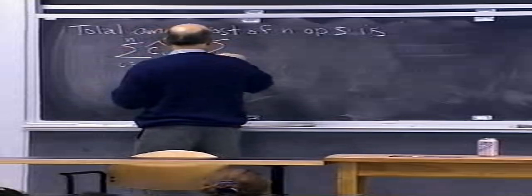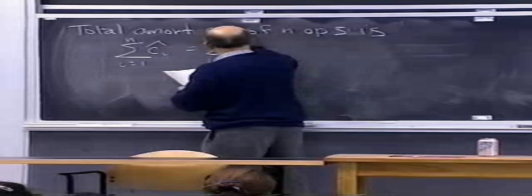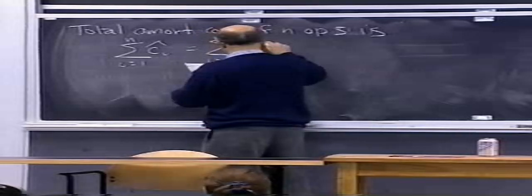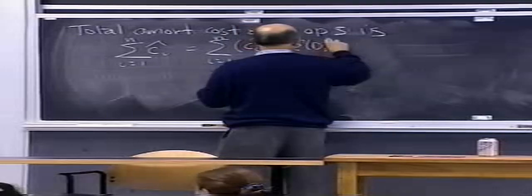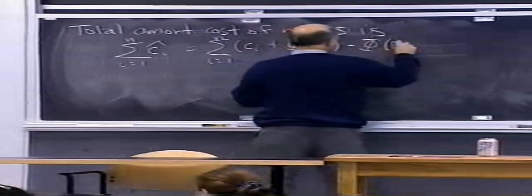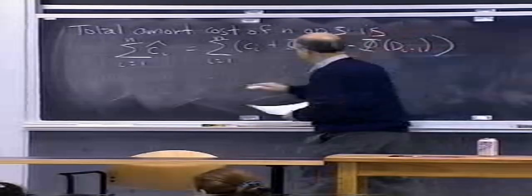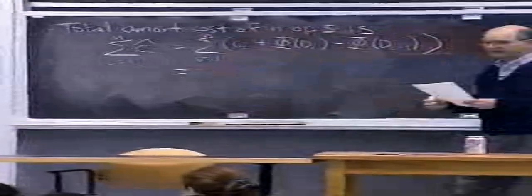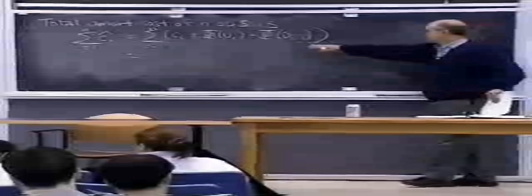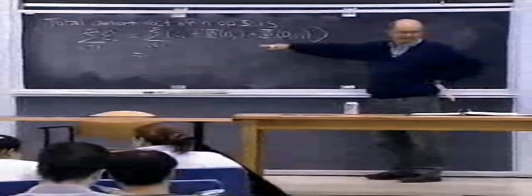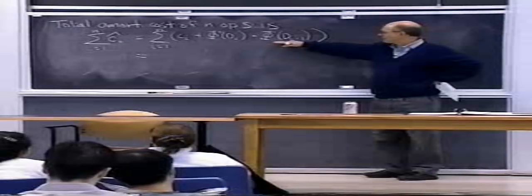And that's just taking that formula and summing both sides: the sum i equals 1 to n of ci plus phi of di minus phi of di minus 1. Okay? And now we can do some math. So what am I going to be able to do here? What's the one word from mathematics that says how I go to the next step here?